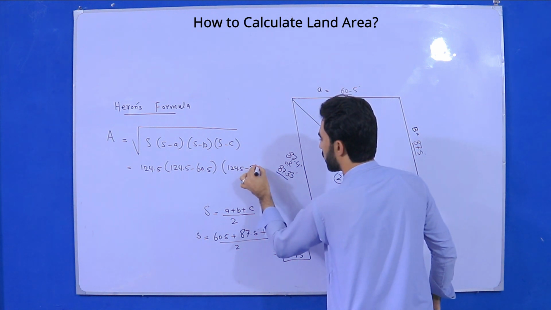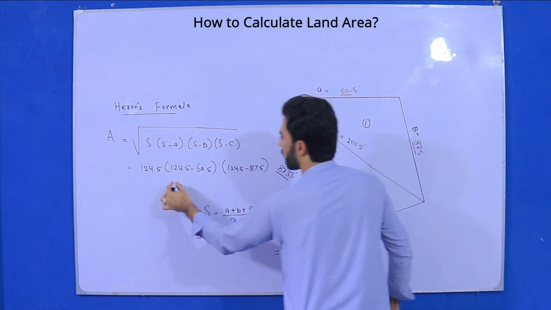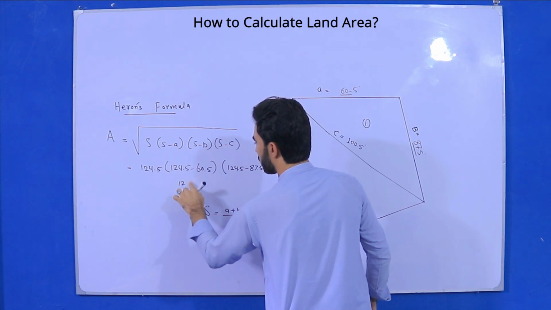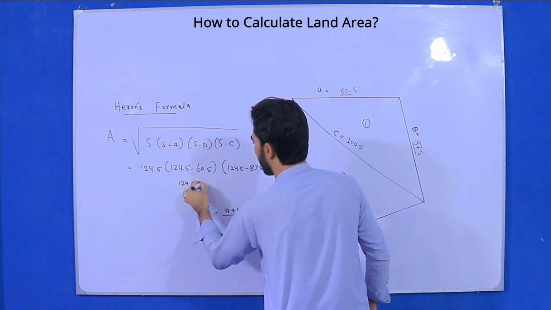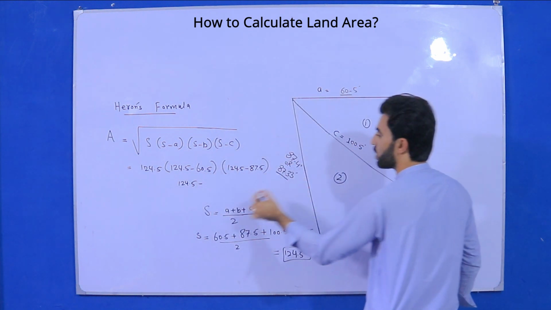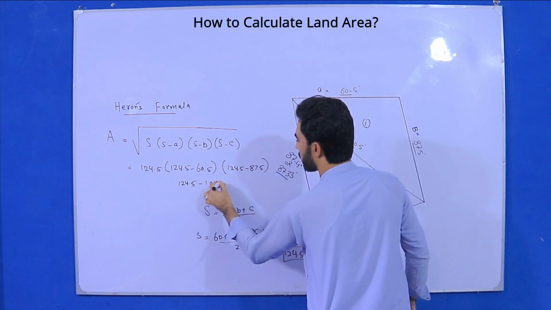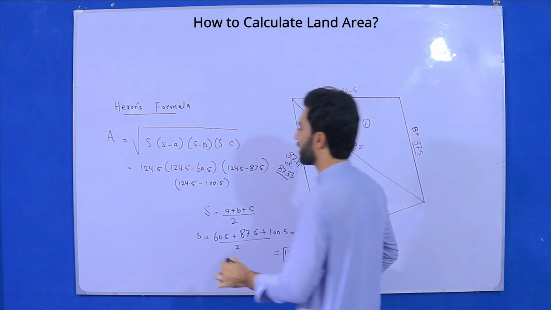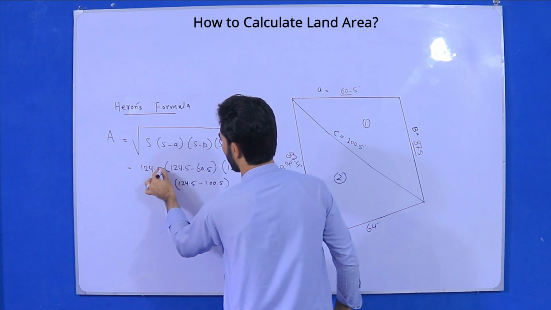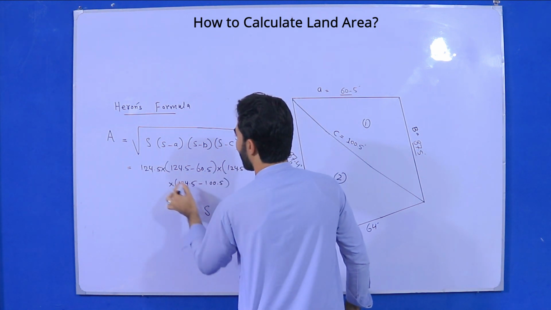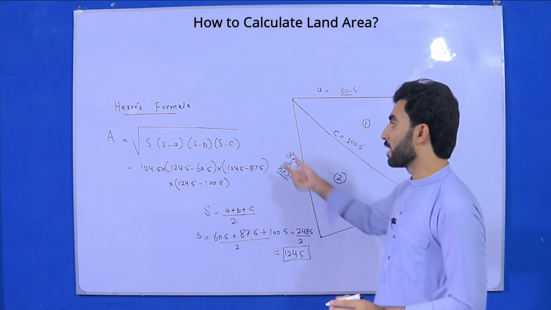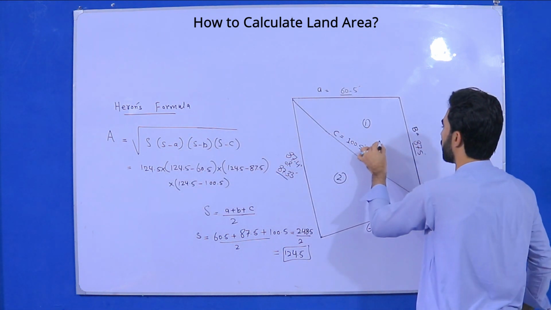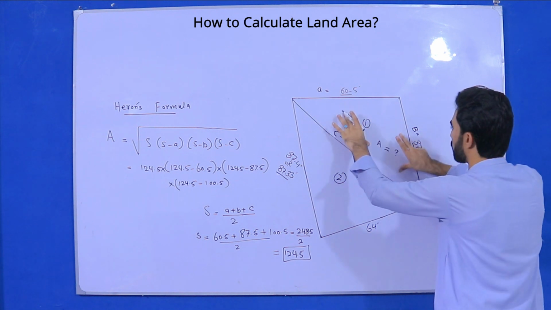And the other one is S, 124.5, minus C, where C is 100.5. Then you multiply these with each other, and when you take the square root of this, you get the total area of this traverse.